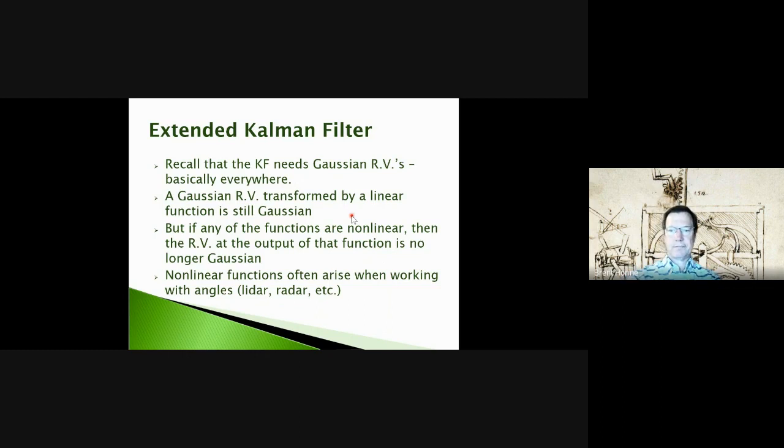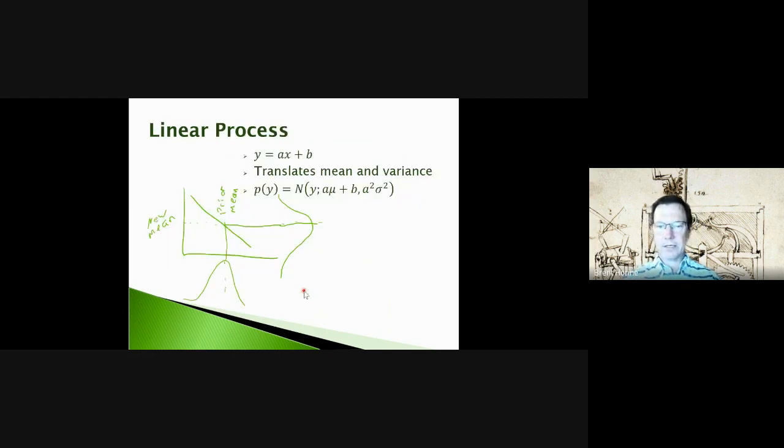I'm going to show this horribly crude example in a minute. So nonlinear functions often arise when working with angles, right? So some LiDAR, definitely radar, because we're tending to work with bearings and angles. Trig functions are nonlinear, right?